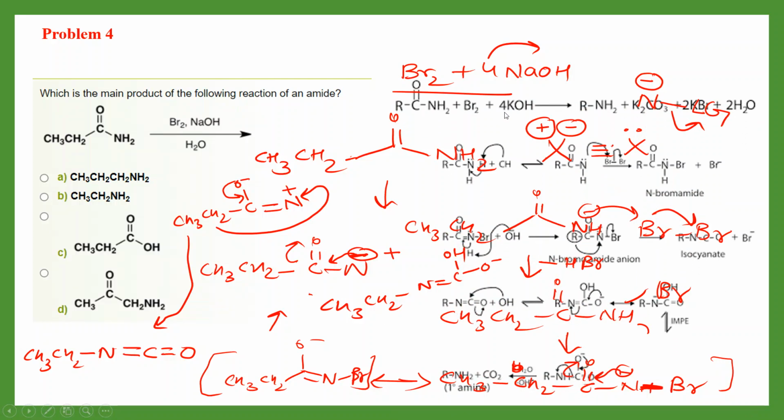See here also they have used KOH, NaOH, any base you can use. So we have formed this N-bromamide, correct? And then isocyanate formation takes place. That OH is going to attack on this carbonyl, and at last intramolecular proton transfer, and that CO2 will leave. I will erase this in the end, and you can see the mechanism.